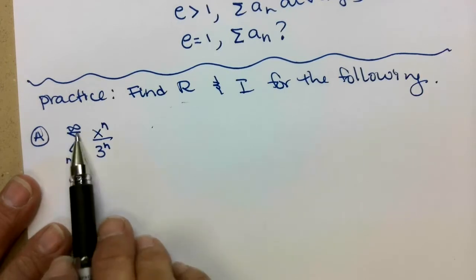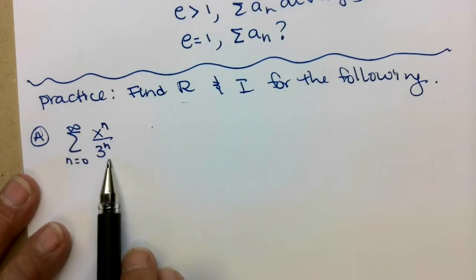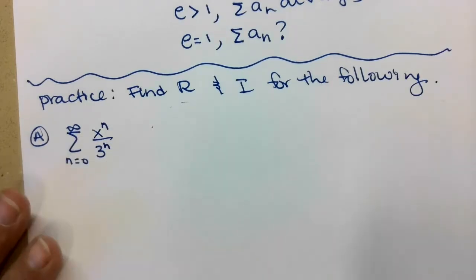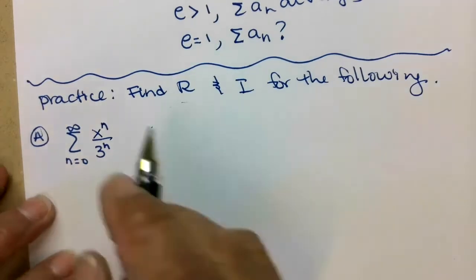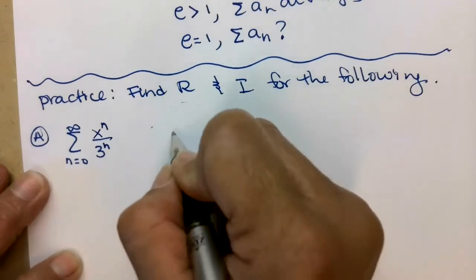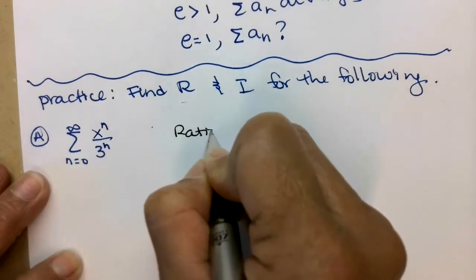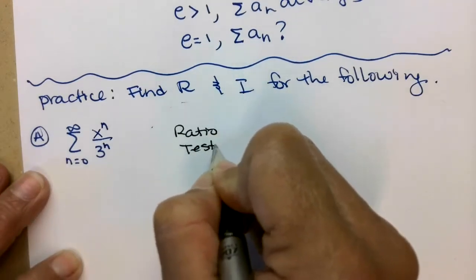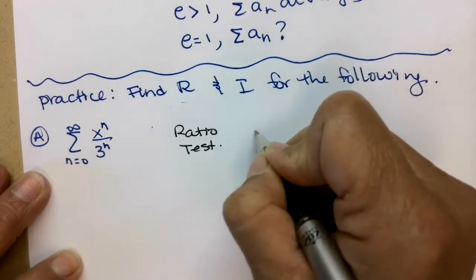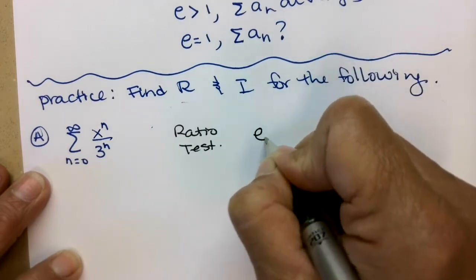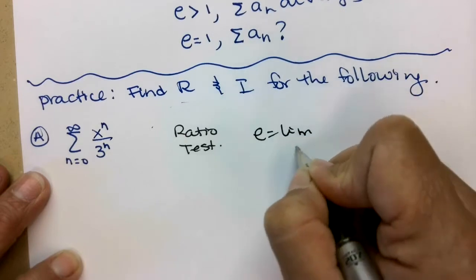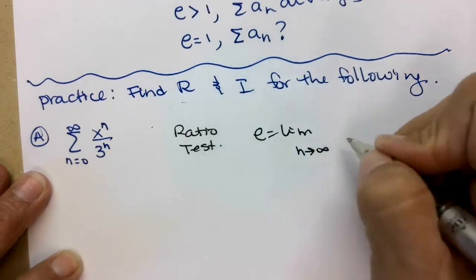This one I'm going from 0 to infinity, x to the n over 3 to the n. All right, so we're going to write out the ratio test for this. Let rho equal the limit as n gets big.